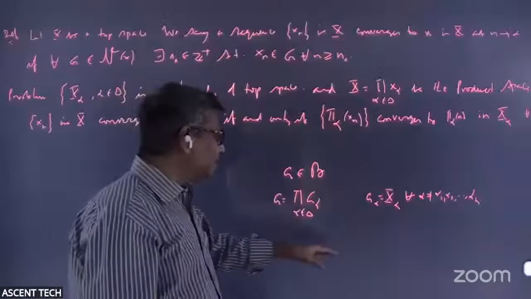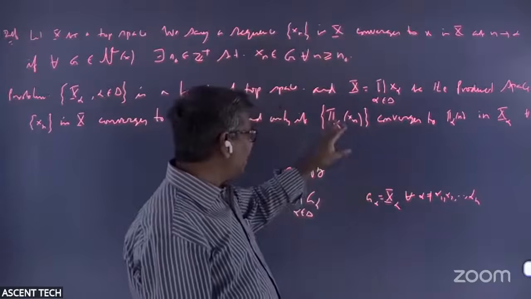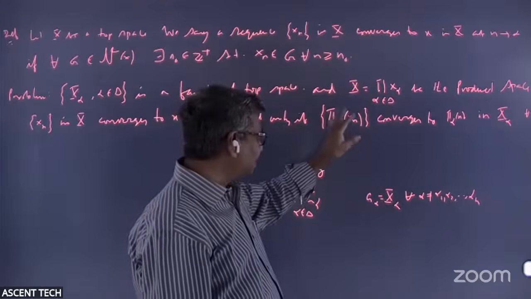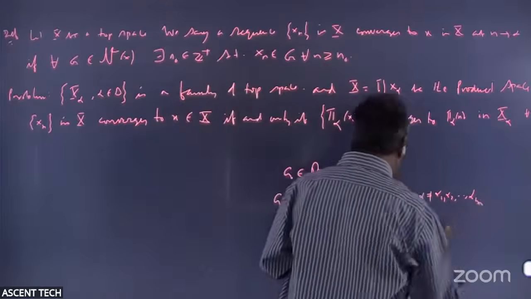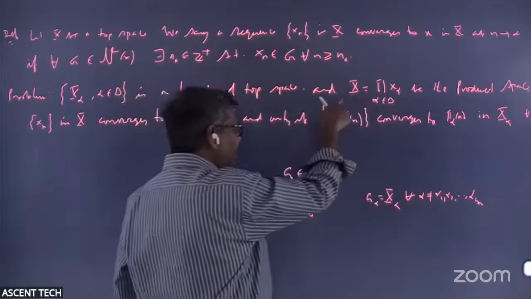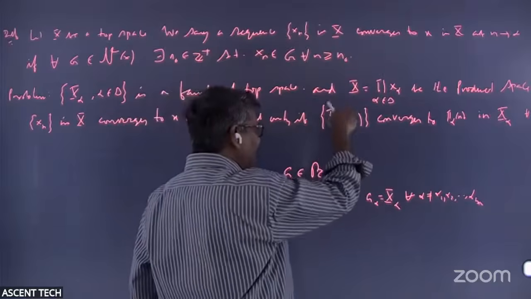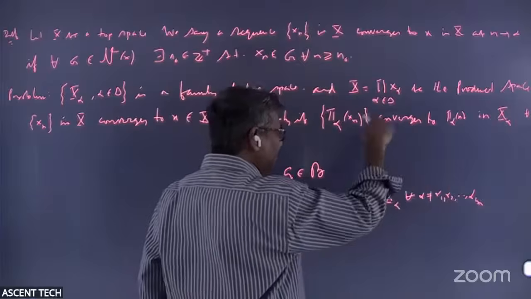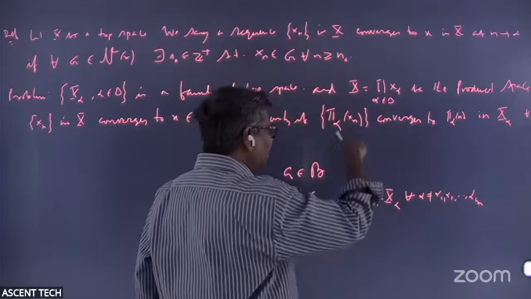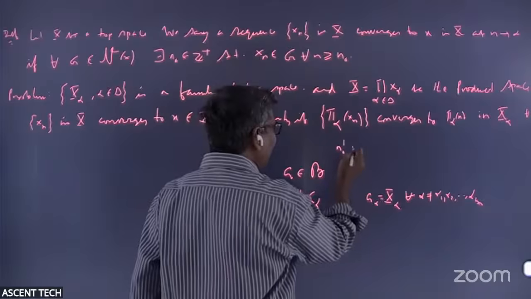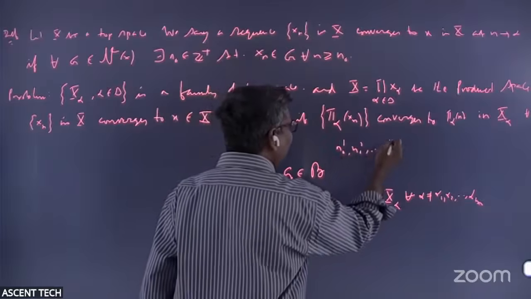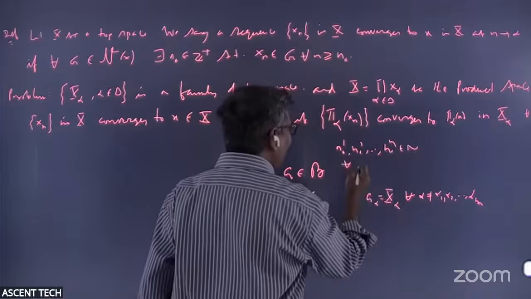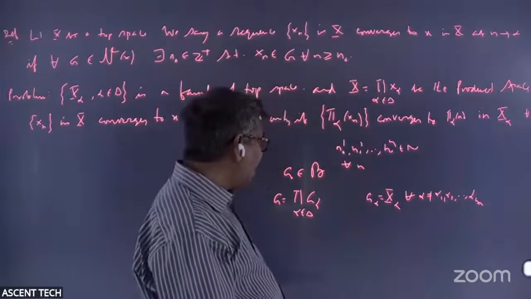So when I look at the projections, pi alpha 1 xn converges, pi alpha 2 xn converges, maybe say up to pi alpha m xn converges. When they converge to the appropriate things, you have indices n naught 1, n naught 2, up to n naught m, so that for all n greater than or equal to each n naught k, and amongst them you take the biggest one. But m need not be finite, right?